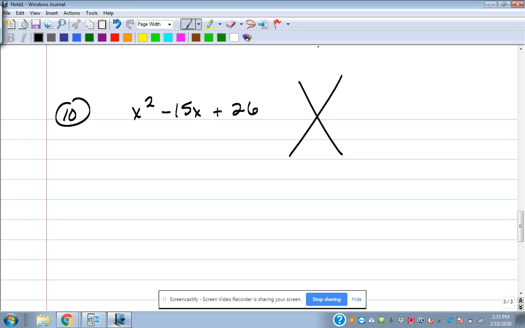What goes up top? 26. Negative 15 goes on the bottom. What are our numbers? Yep, good job. Can I take a shortcut on this one? Yeah, I can. There's a 1 in front of x squared, so that allows me to go straight to x minus 13, x minus 2.